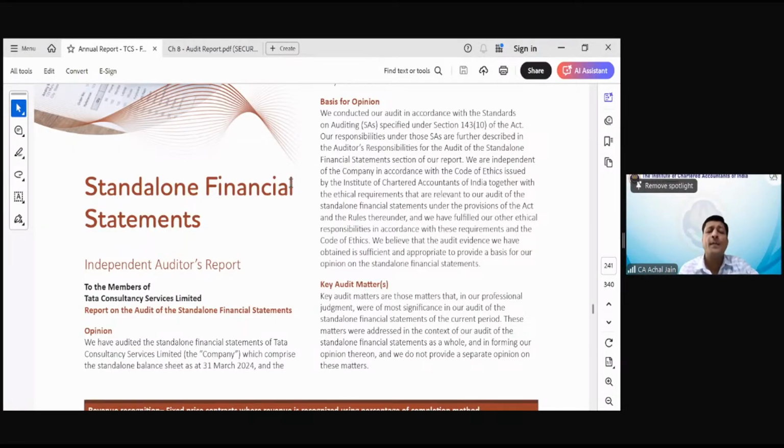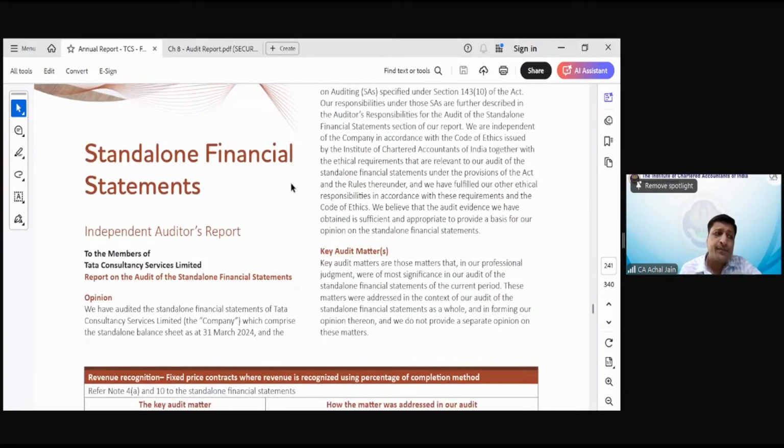Now in this case, there are a few things which are important for you to consider. Whenever the auditor writes something in his audit report, he will be very, very clear. He will be expressing each and everything.